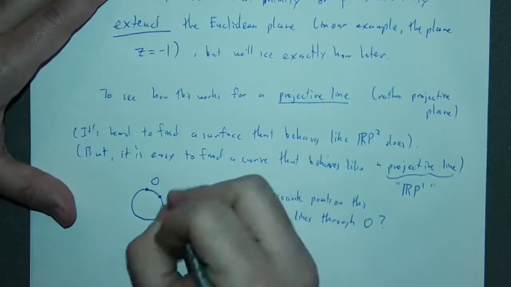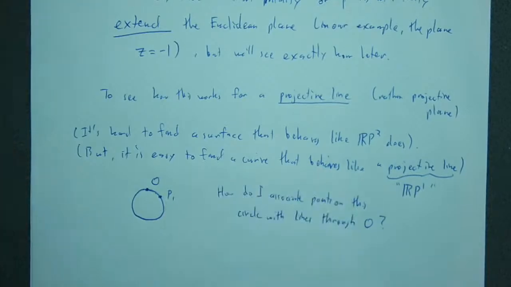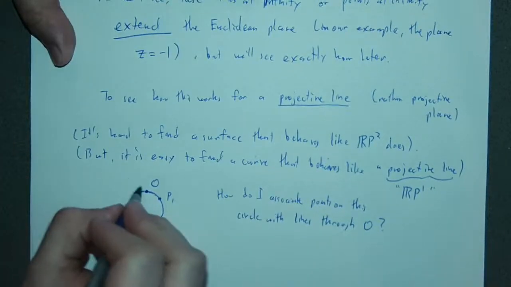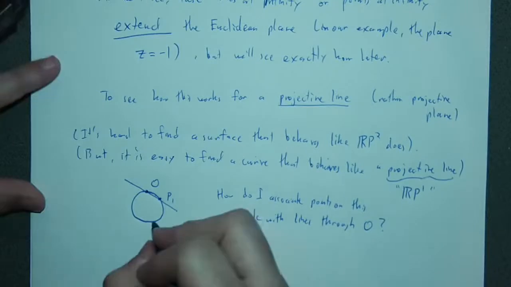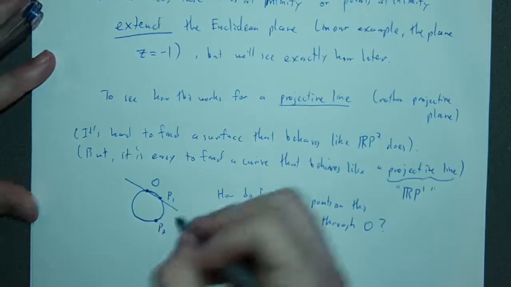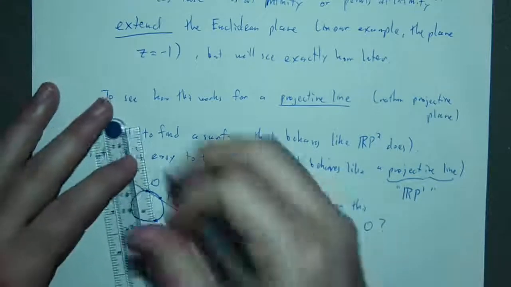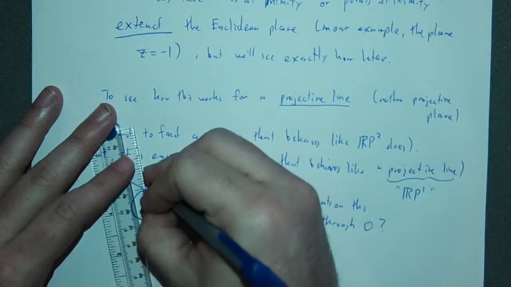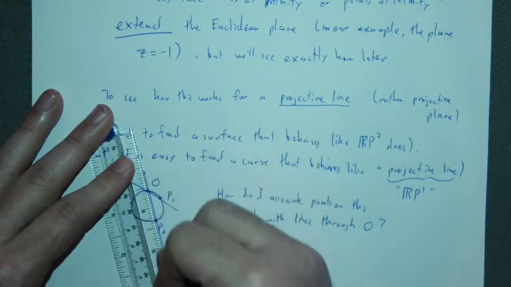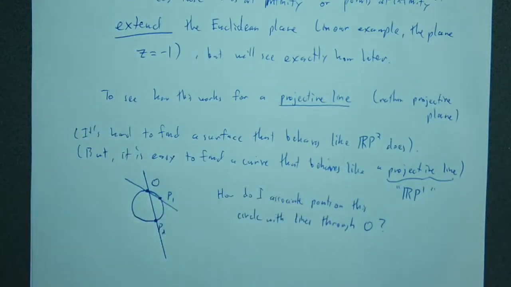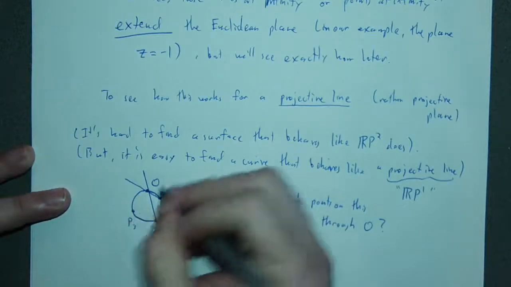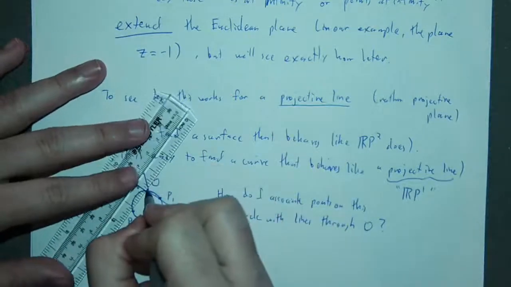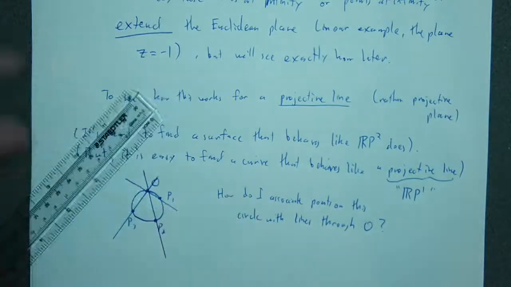For instance, this point, P1, is associated to the line passing through the origin and that point. Some other point, P2, is associated to the line through O and P2. The same thing is true over here. If here's P3, then the line through O associated to it is exactly the one you expect.